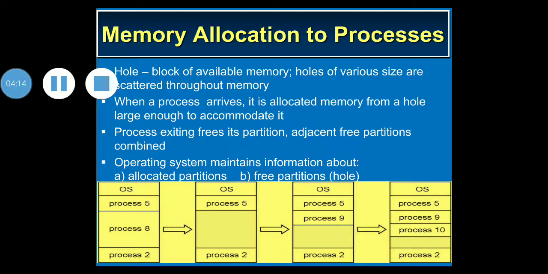Hence, the hole that is created by process 8 is divided into two parts, one for process 9 and second is unused. Next, if the process 10 wants to execute the program, again the remaining hole is divided into used and unused part as shown in the figure.